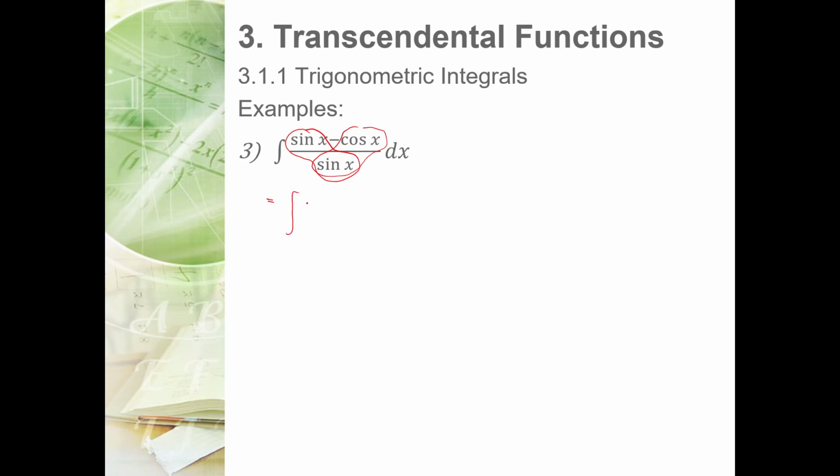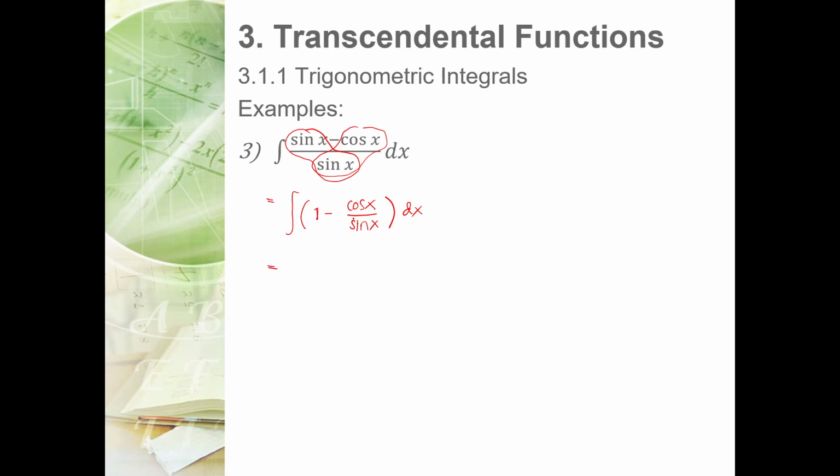So we're going to have two terms. So this will be 1 minus cosine x all over sine x dx.